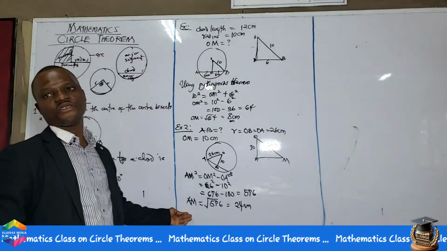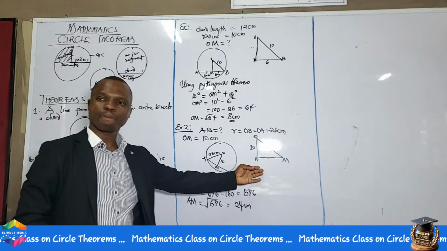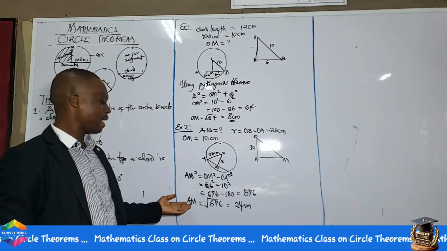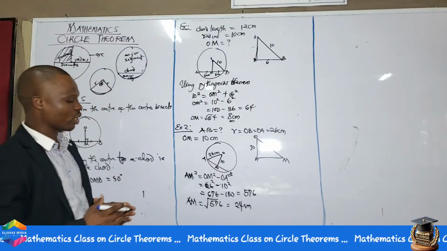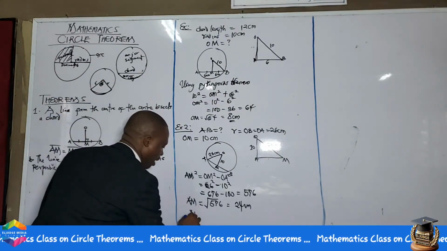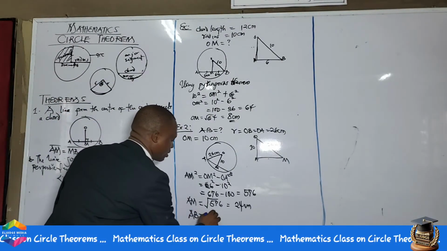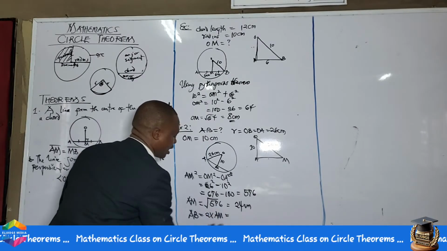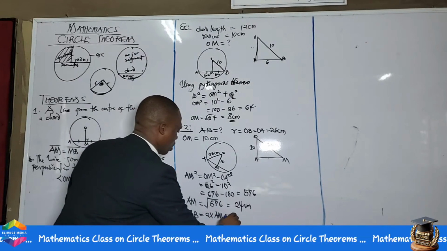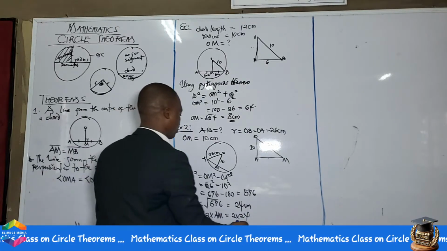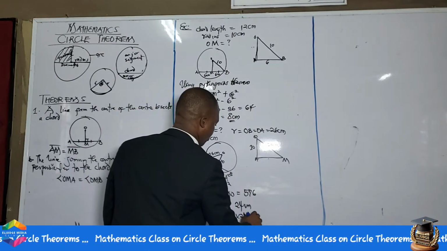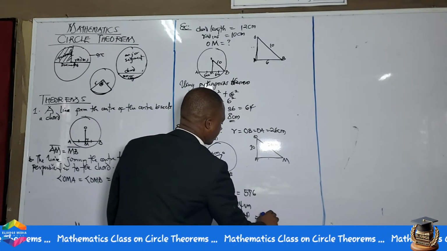We have only found the length of AM, but actually what we're looking for is AB. So AB equals 2 times AM, and that equals 2 times 24. You have to show these things, and that will give us 48 centimeters.